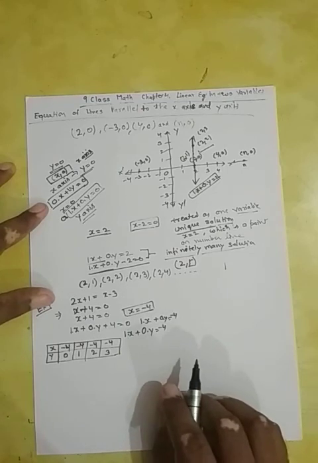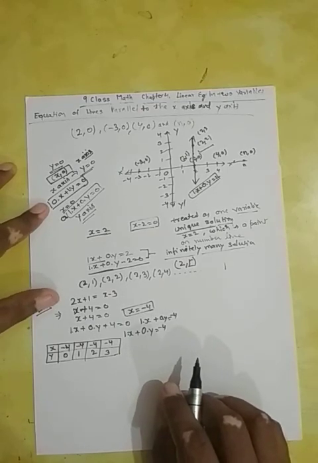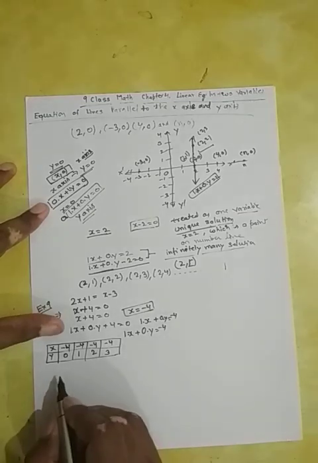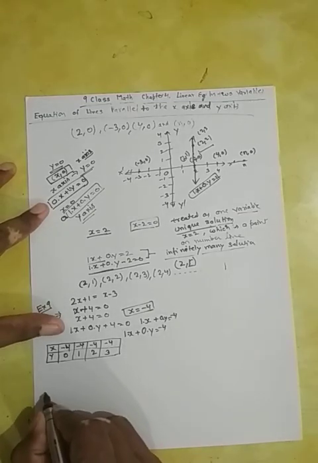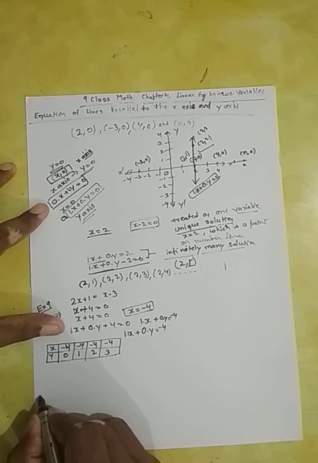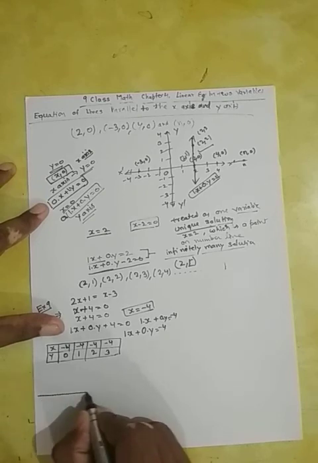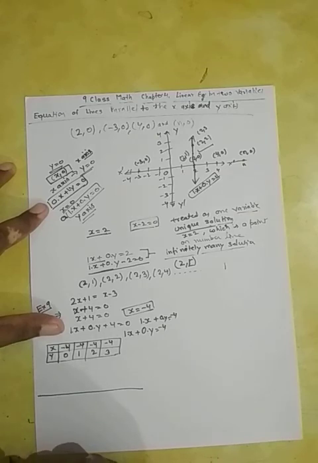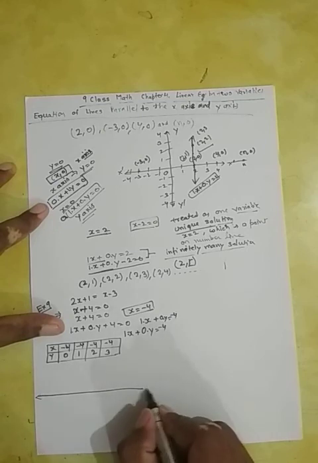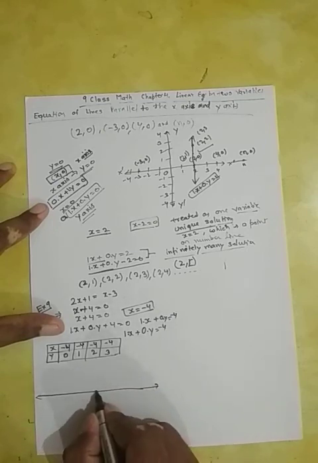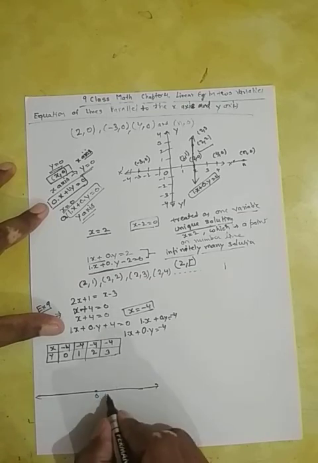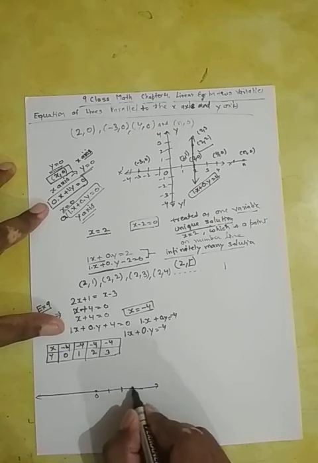Now the representation in the graph. Suppose this is a number line. In the number line, at the center is 0. Right hand side we consider positive, and we divide the number line into equal parts.